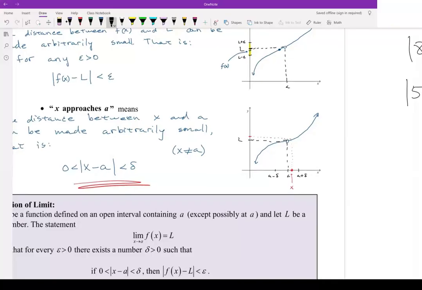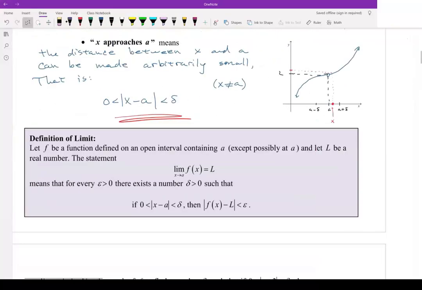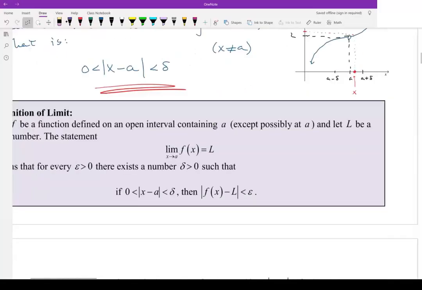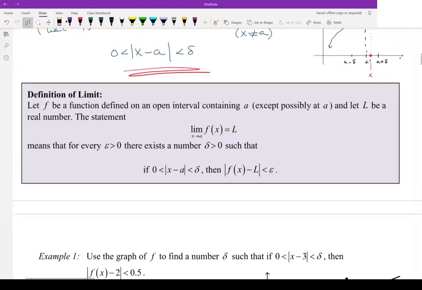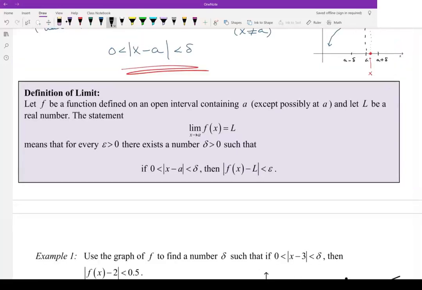So let's start looking at this definition. If I choose, well here, let's back up a second. So we have f as a function that is defined on some open interval containing A, maybe not at A itself. We're letting L be a real number.